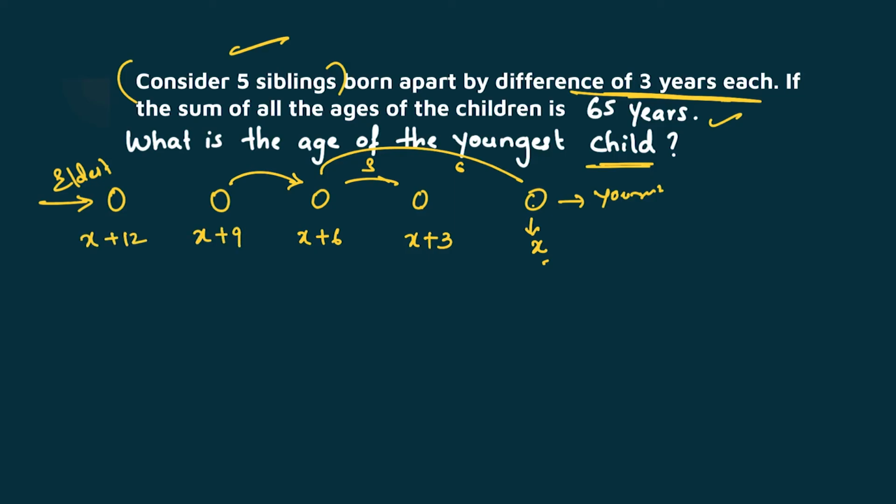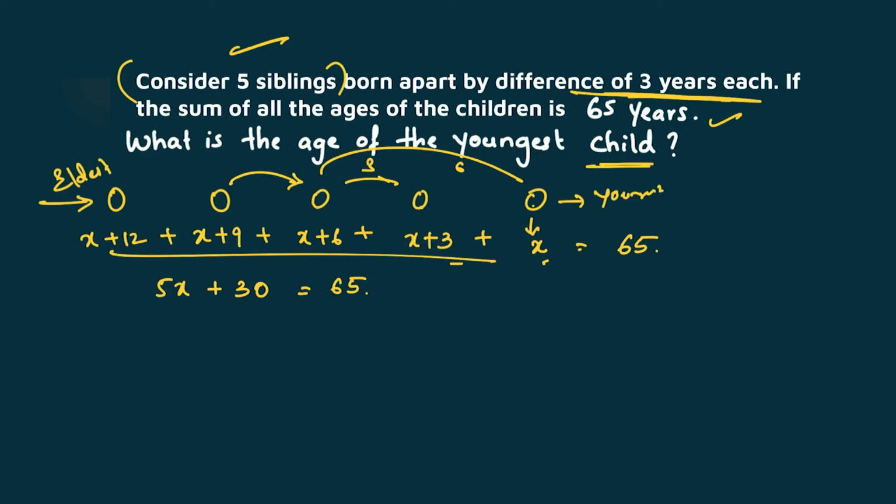See the next part of the equation. It is given that the sum of all the ages of the children is 65 years. So the sum of all these children is equal to 65. What is the age of the youngest child? Just add these: 5x plus 30 is equal to 65.